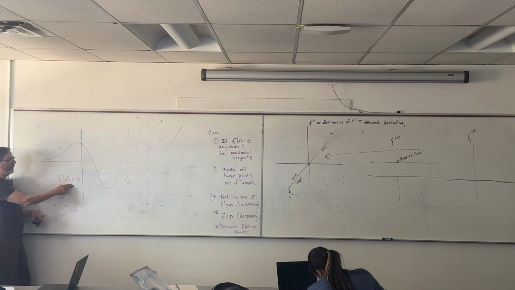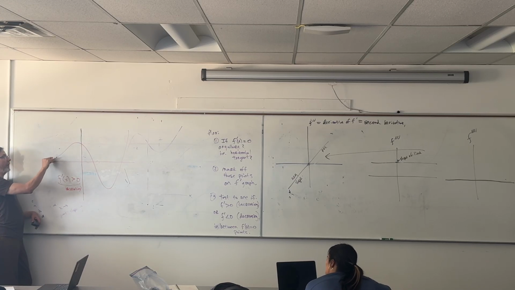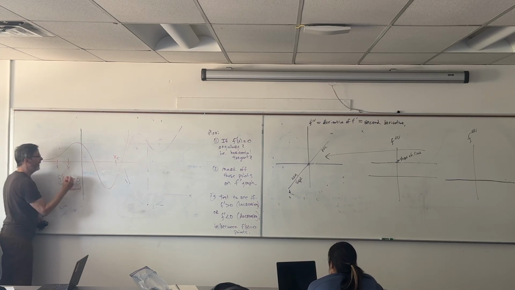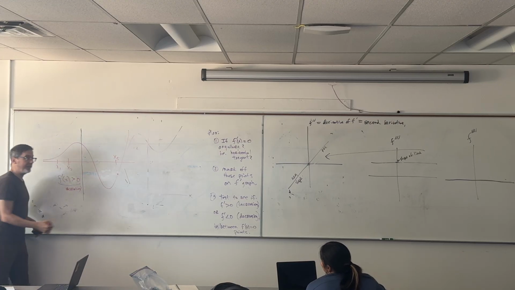So this is looking for where the function is increasing. Where are you increasing? Anywhere that you're moving up is going to be an answer to this. So like here, here, here. Those are all places where the function is increasing.